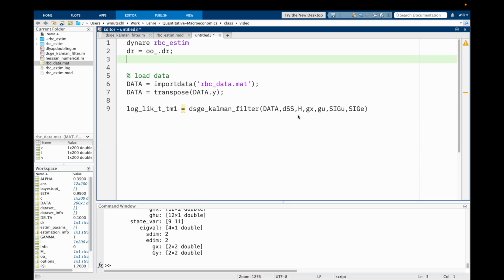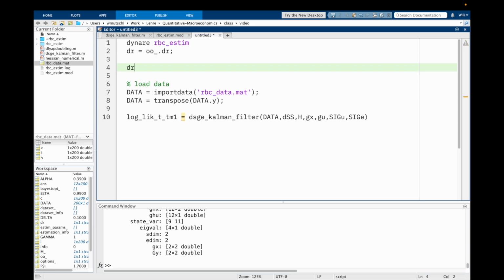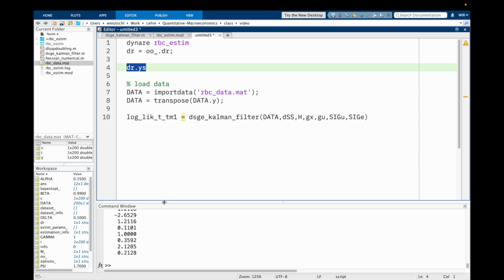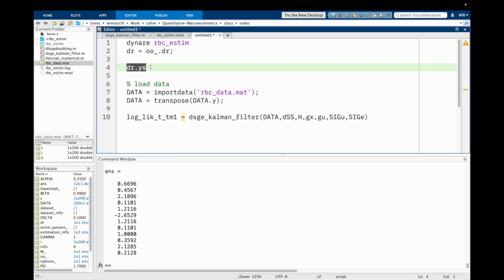So I can access the ys, so dr.ys. This will be the steady state that is computed when Dynare solved the model. There is also oo_.steady_state, which, if you have a steady state model block, will be the same numbers. If you have an initval block, these will be your initial values, so your y0 for a numerical optimizer. Let me store that into the dr just because I will need this later on.